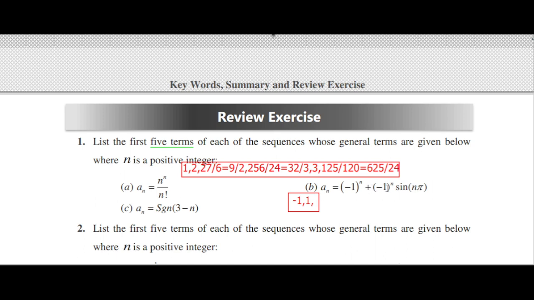So 0 times minus 1 is 0. So minus 1 to the power of 3 is minus 1. The third term is minus 1.